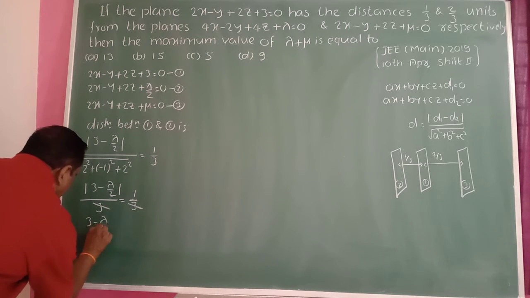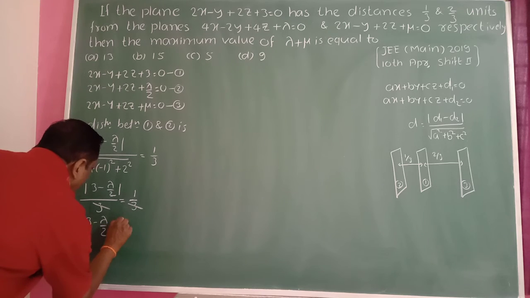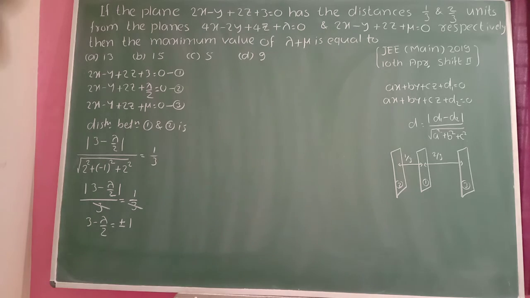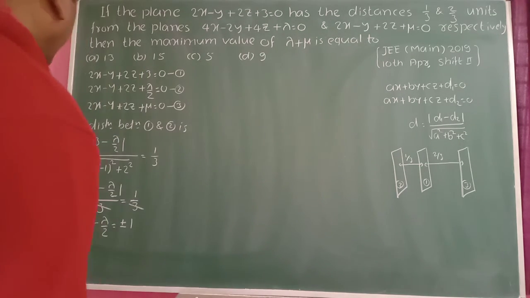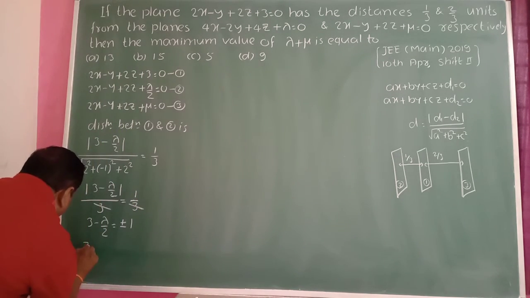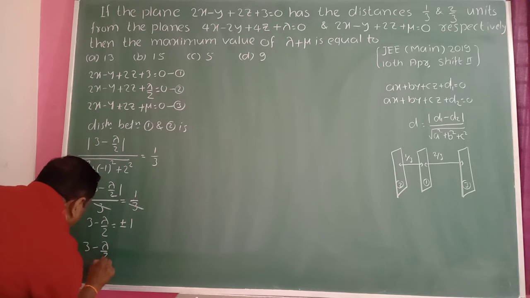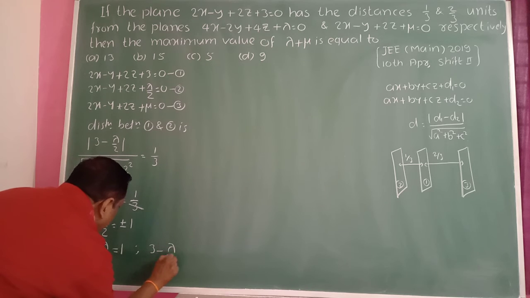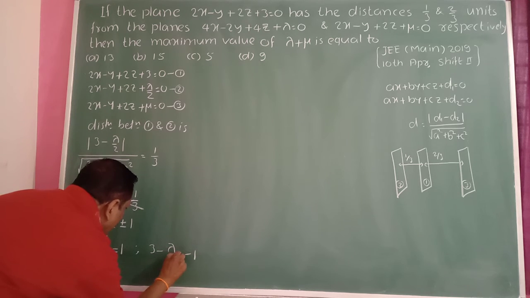Remove this modulus sign. 3 minus lambda upon 2 is equal to plus or minus 1. Take plus 1 first time, and minus 1 second time. Hence 3 minus lambda upon 2 is equal to 1, and 3 minus lambda upon 2 is equal to minus 1.